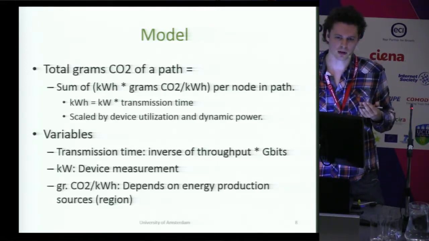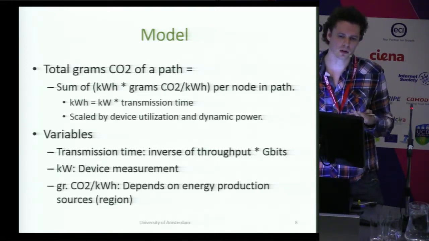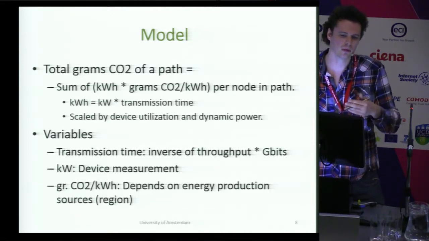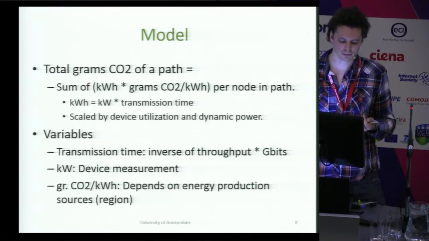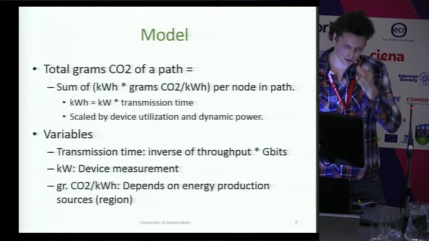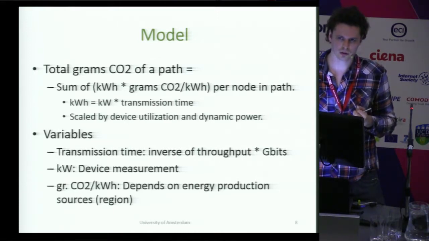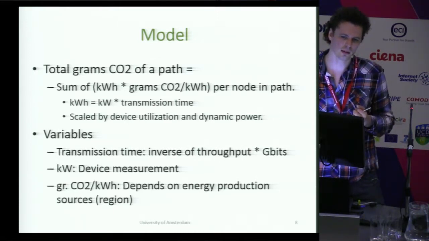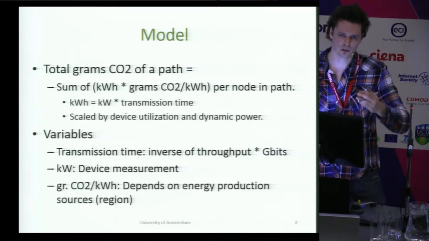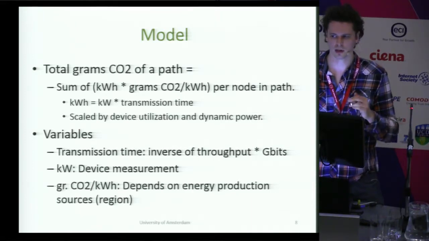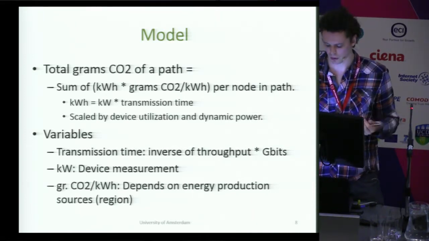Even though a machine might always consume 1 kilowatt, independent of where it is, the actual amount of CO2 emitted depends on the region. For example, Iceland uses a lot of geothermal energy, so the CO2 impact is quite low compared to the Netherlands, where we have much more coal, for example.